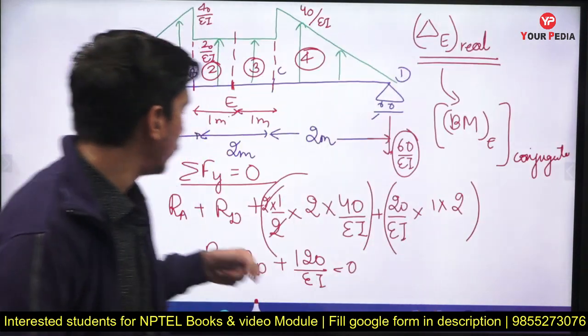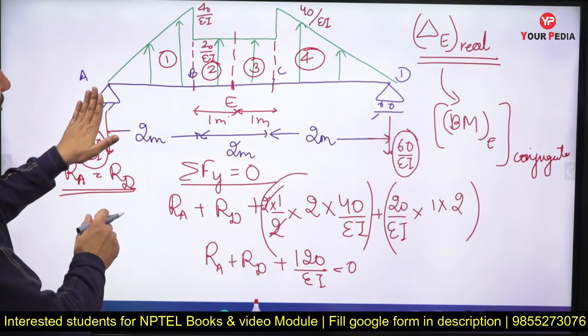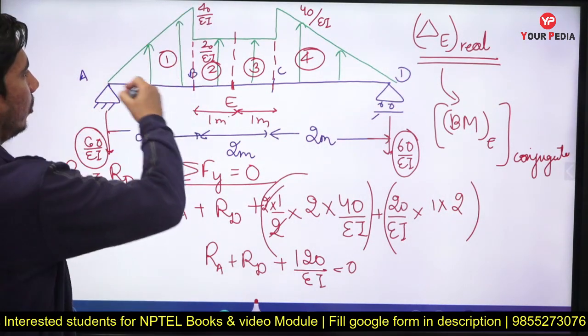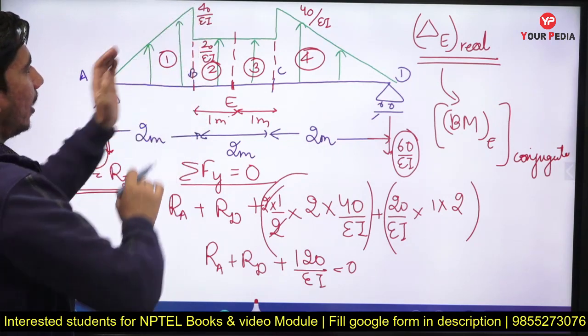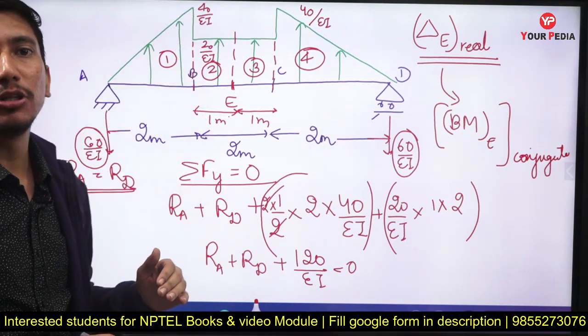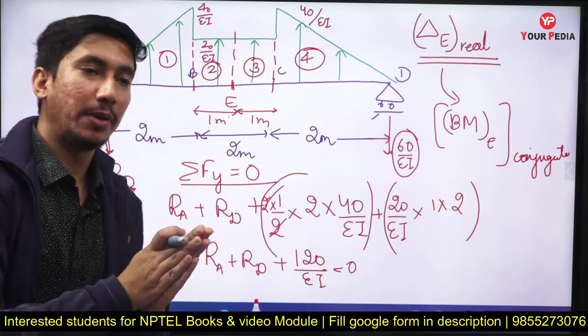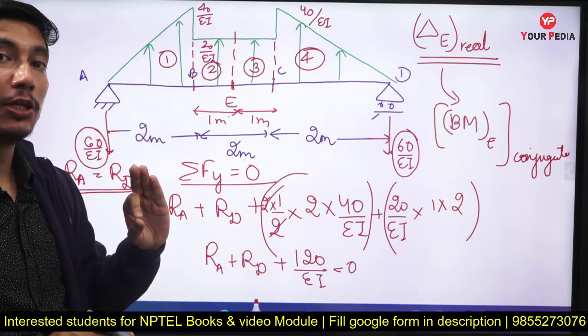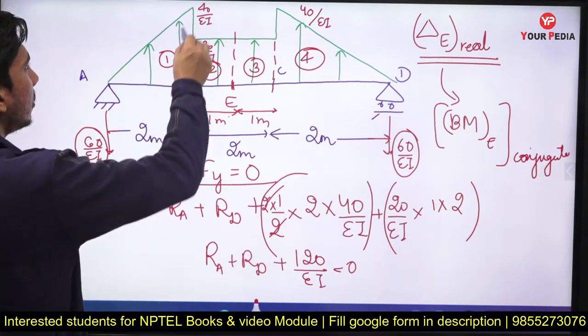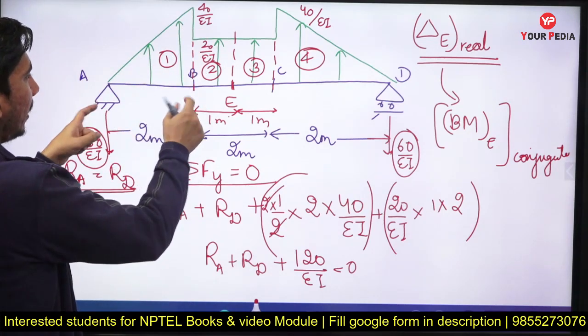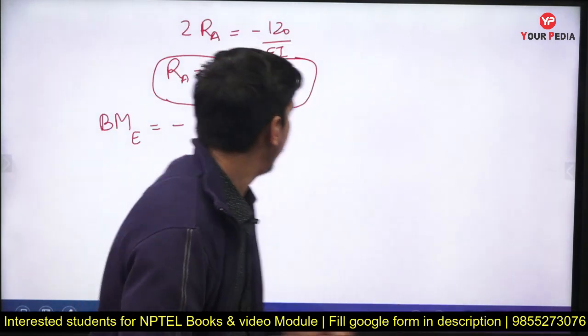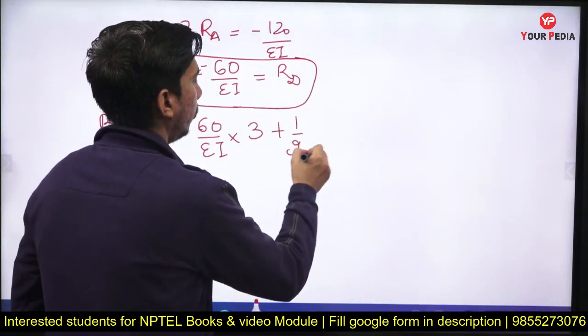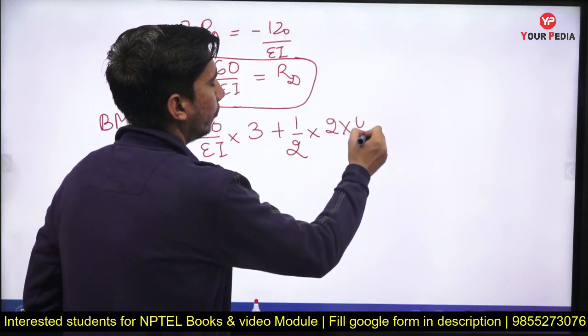What is the next force that I have to take into consideration? This I have taken into consideration. Now this triangular portion is creating a clockwise moment to the left of the section, so positive bending moment. The force is 1 upon 2 into 2 meters into 40 by EI.